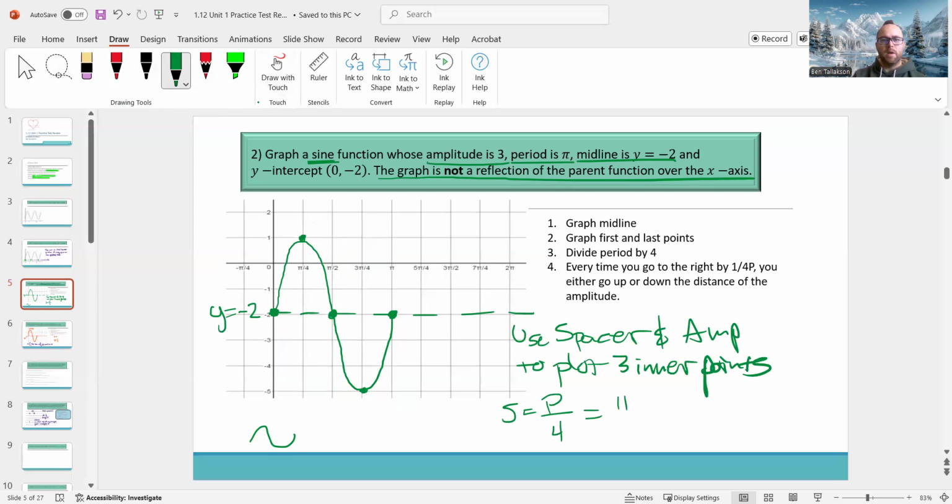Our period is pi, so there it is. Every time you go over pi over 4, you go up or down by the amplitude. Now, how do you know if you go up or down? Based off the behavior of the graph. This is positive sine, negative sine, positive cosine, negative cosine, with the y-intercepts all being on the left-hand side.